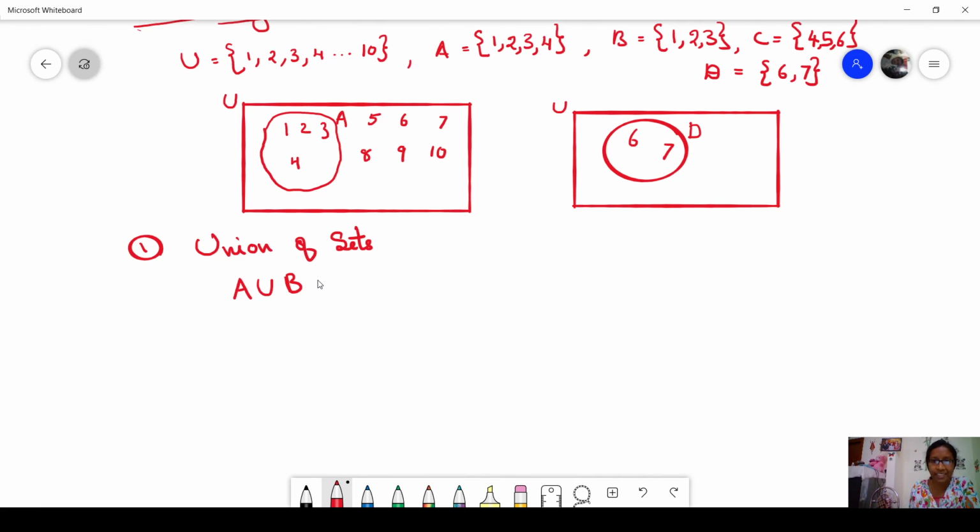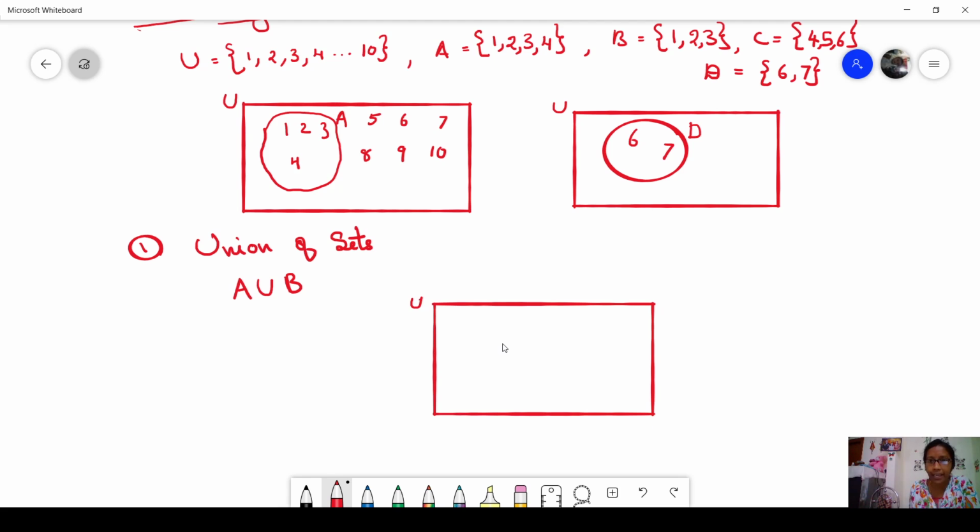Now we can clearly see that B is a proper subset of A. So before drawing this, we are going to draw U. So this is U. So I want to draw A union B. What is A? 1, 2, 3, 4.